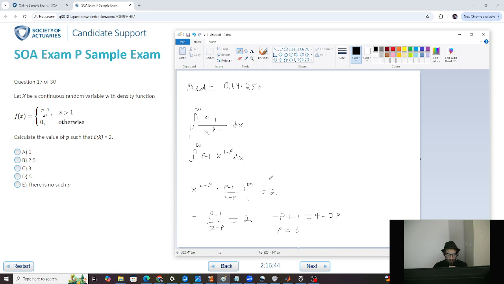Just to sanity check this, if I were to integrate from 1 to infinity 2 over x squared dx, then I would get negative 2x to the negative 1 from 1 to infinity.